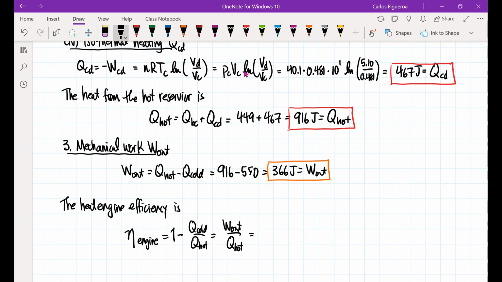If I just punch in my numbers, either way, I'm going to get the same answer. I'm going to get here that this is really 0.3999, or I can write this as 40% efficiency for the engine.